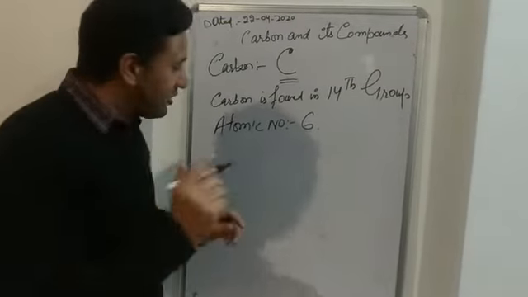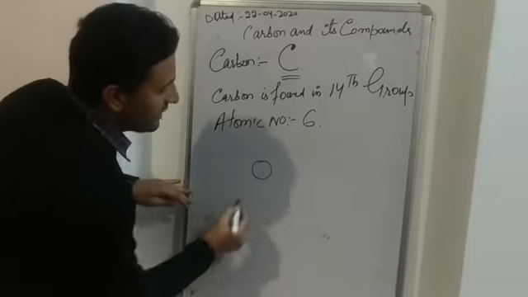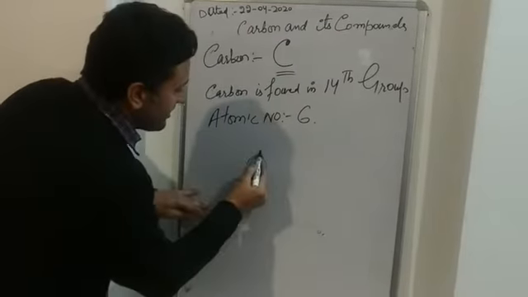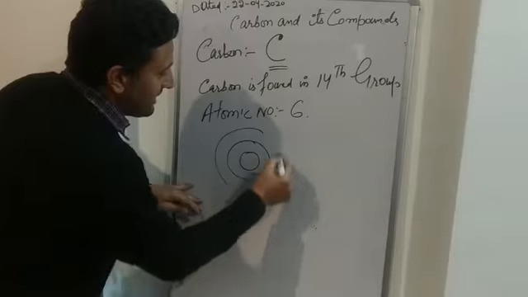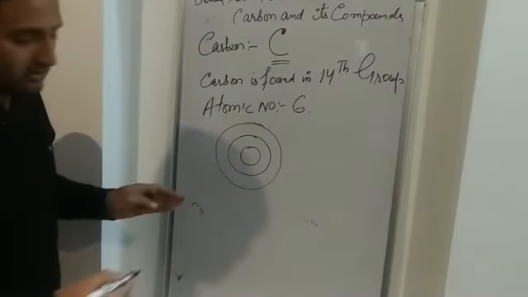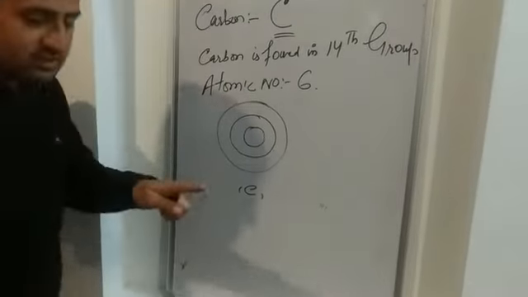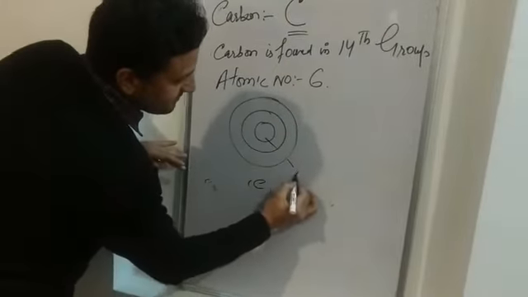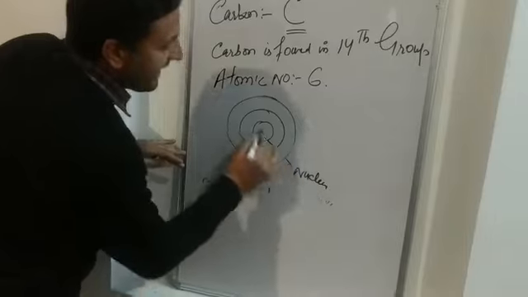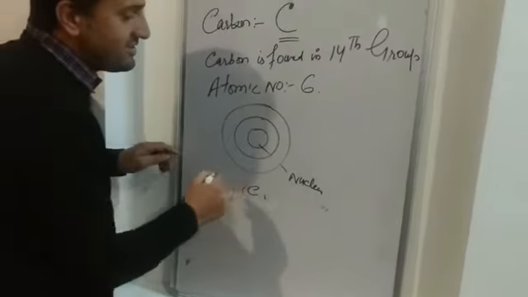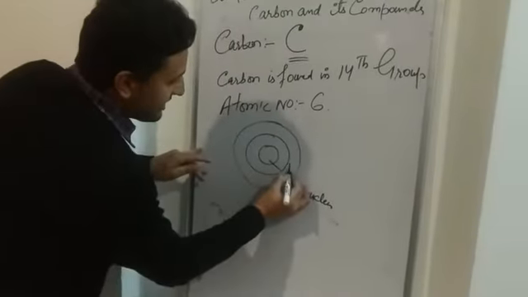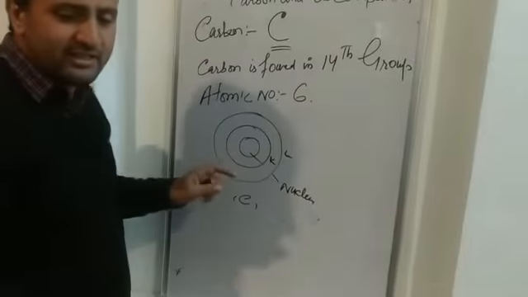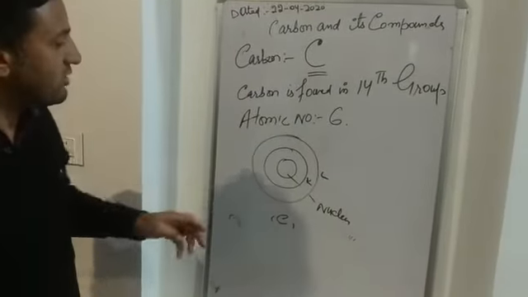Every element has a particular structure, like this nucleus, and there are shells around the nucleus. Now let's assume this is carbon. The central portion is called the nucleus. And these lines, these orbits, are called shells. Like this is K shell, this is L shell, and M, and so on.